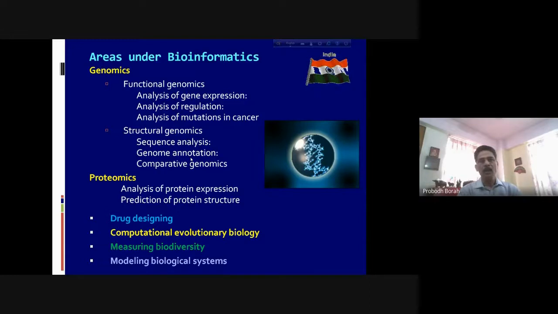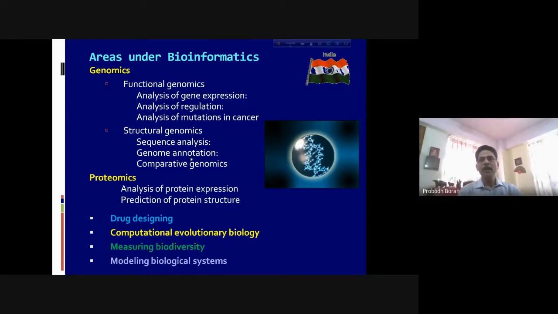That means finding out the gene sequences within a genome sequence. What are the coding sequences that we have to find out? Secondly, we have to find out which gene is responsible for production of which protein, and then correlate it with the biological activity or function. This is called genome annotation.